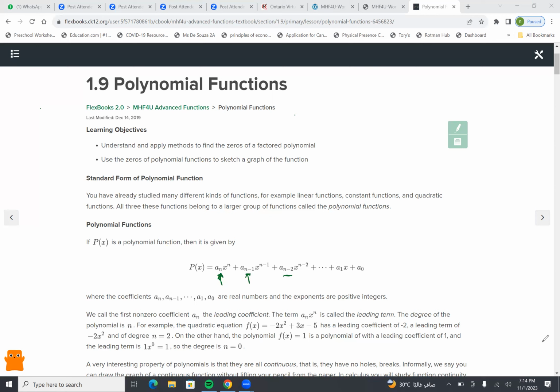So the degree is 2, the leading coefficient is minus 2, and the leading term is minus 2x square.